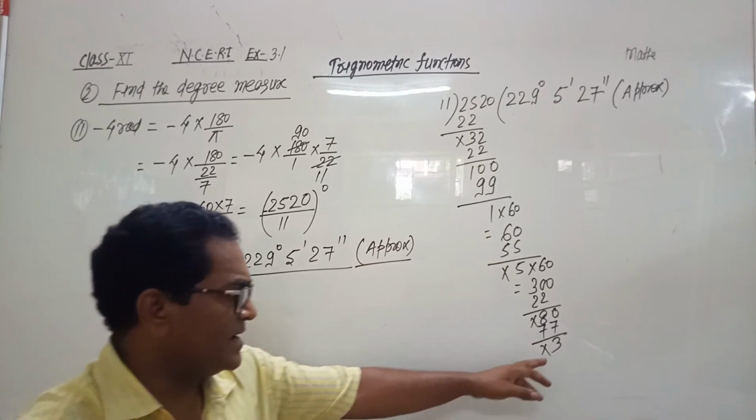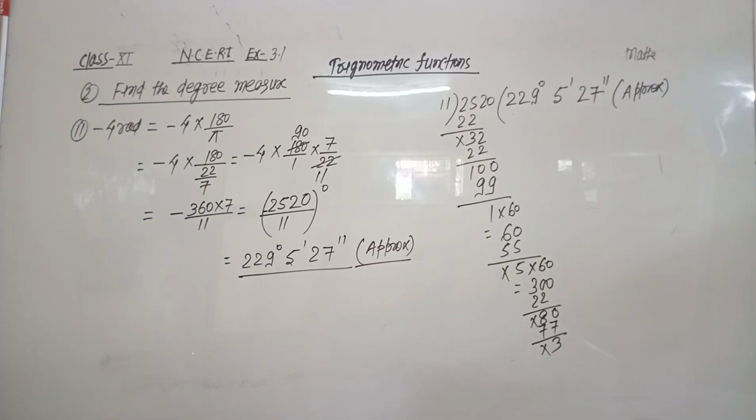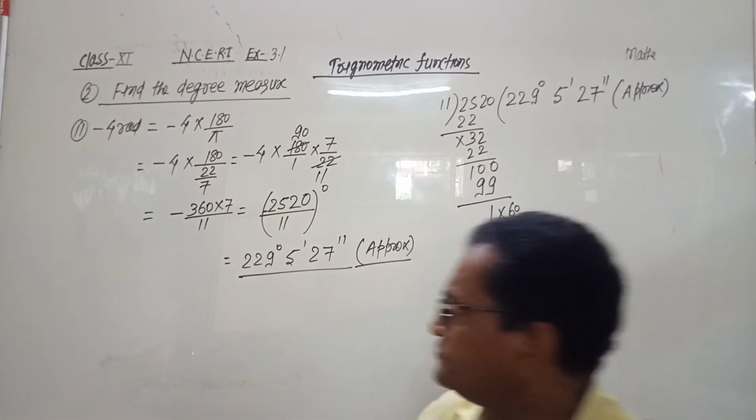Because the remainder is not 0, that's why we write the value approximately. This is the approx value.